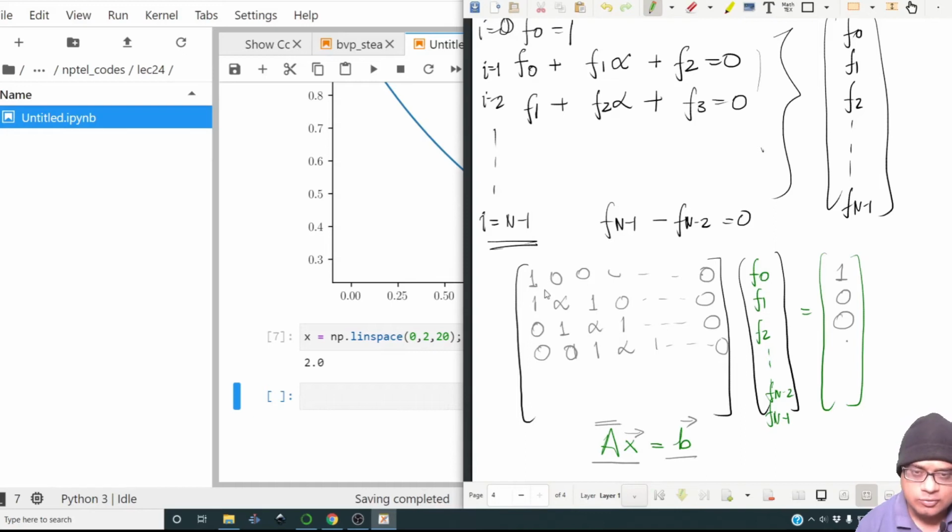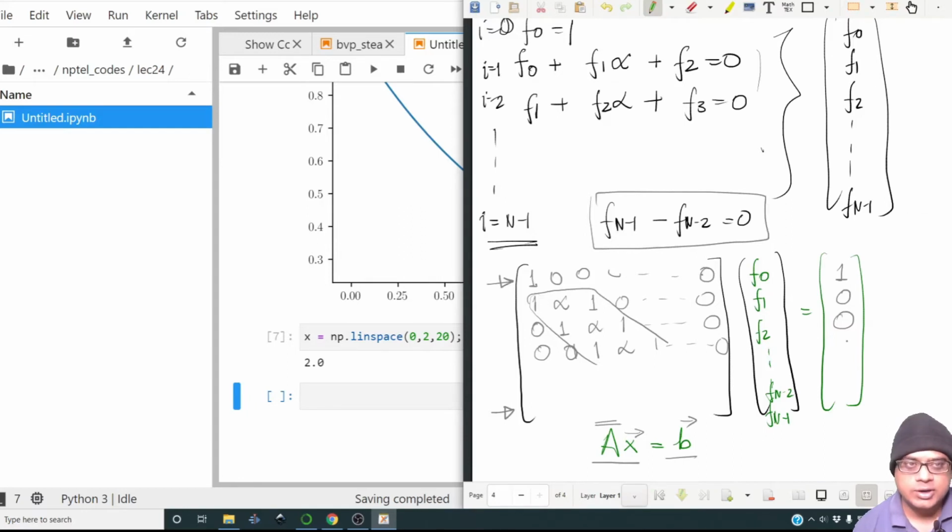So this continues on. Apart from the first row and the last row, this keeps on continuing. This tridiagonal set keeps on continuing up until the last node, upon which we have a backward difference to take care of. The backward difference in this case is quite simple. It simply implies f(n-1) equal to f(n-2).